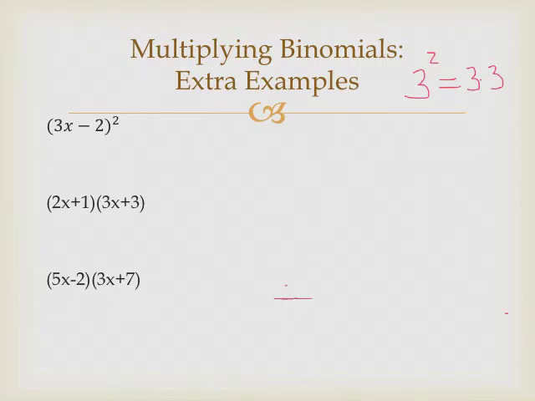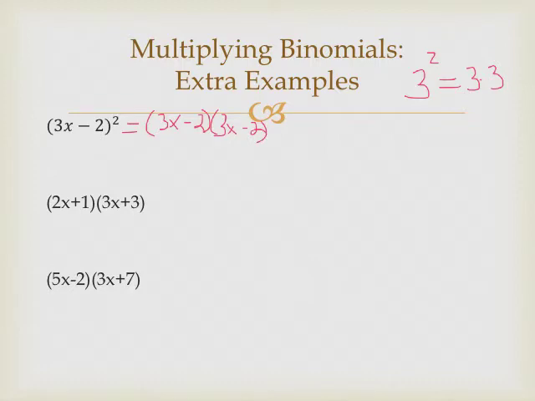I can square binomials as well, as I drop my pen and create all these stray marks all over the screen. So 3x minus 2 squared is 3x minus 2 times 3x minus 2. So it's multiplied by itself.